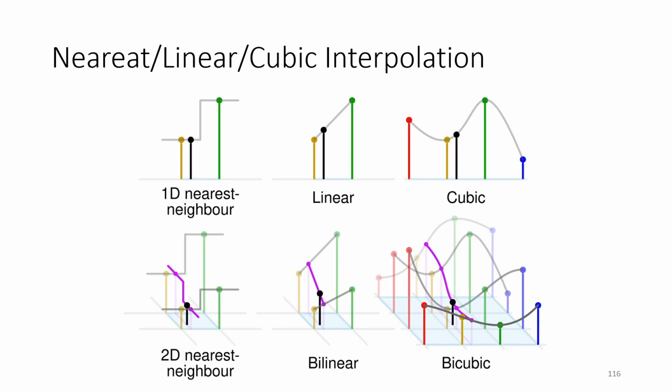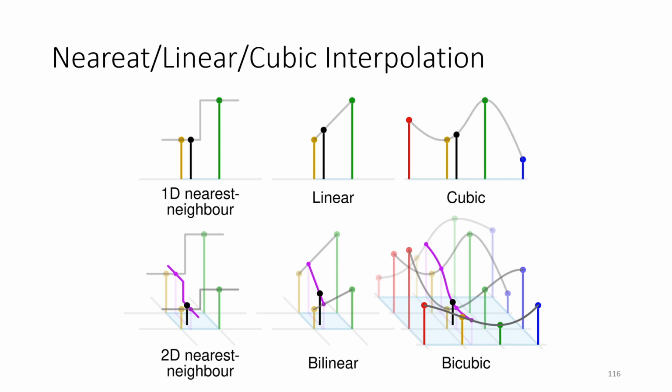The nearest neighbor means suppose I have two nearby neighbors, the brown and the green one. The nearest one is the close one, and I just use its value. Linear means I suppose there is a linear line, and it will interpolate the value between the two.